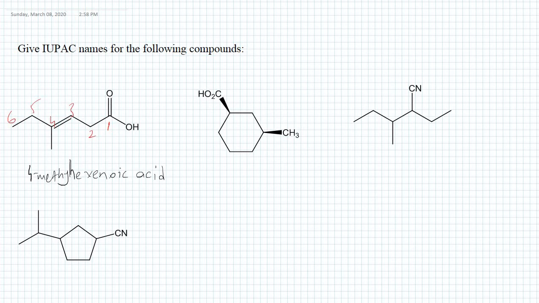So we are going to write here E 4-methyl hexanoic acid. You can specify also 3E, because that is the location of the double bond.